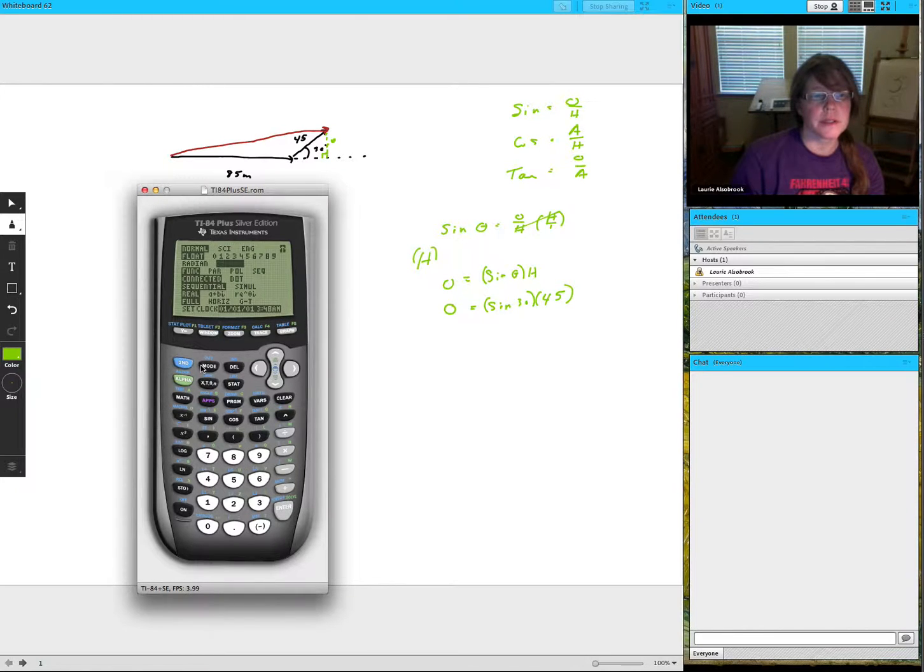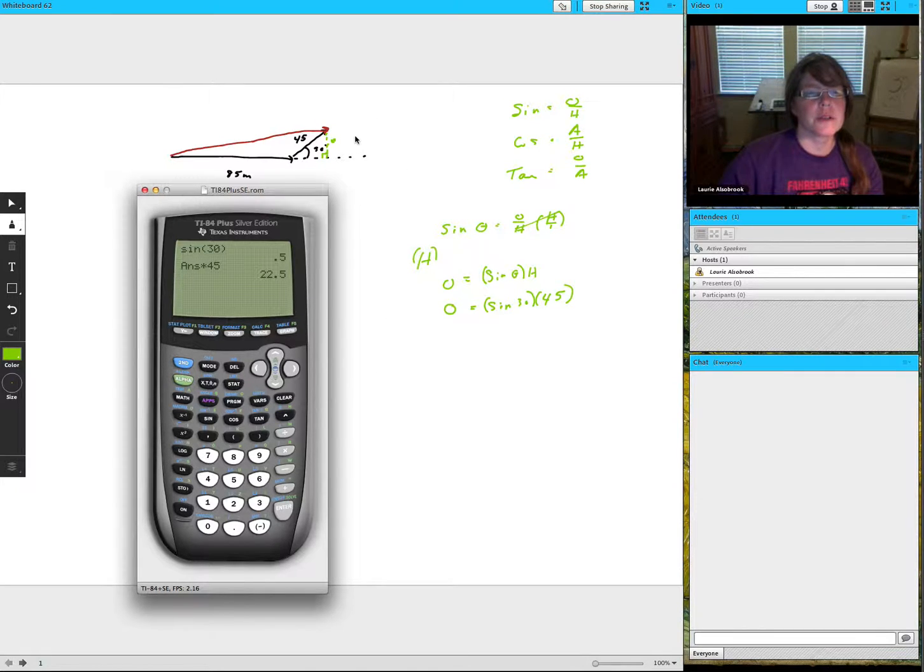All right, so I'm going to turn that off, and now I can go ahead and find the sine of 30, which is 0.5, times 45 meters, which is my length. And that tells me that the length of that side is 22.5 meters.